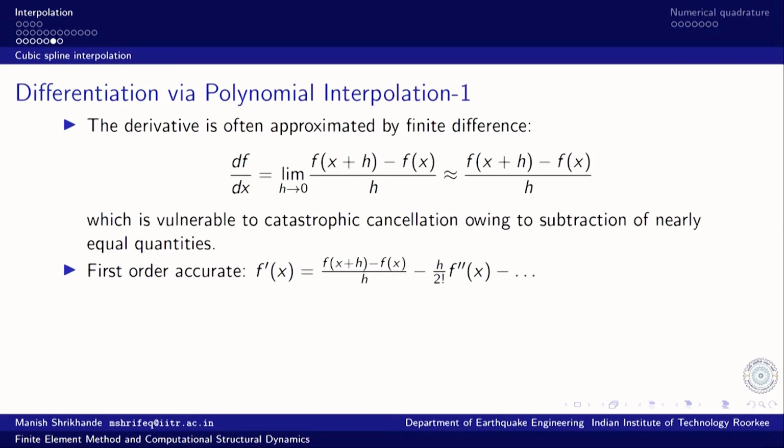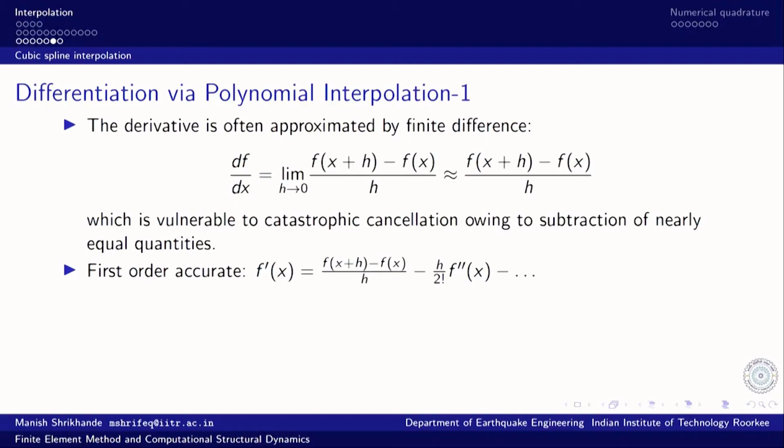So, what to do? This entire process is a first order accurate process, and that is based on the Taylor series approximation. If you look at this finite difference and expand the function in the neighborhood of x plus h, then from the Taylor series expansion we can get the error of accuracy.